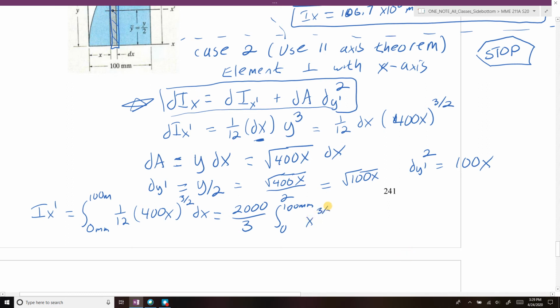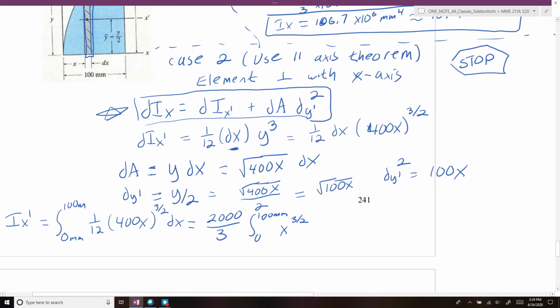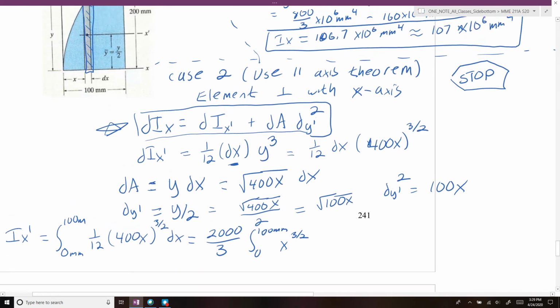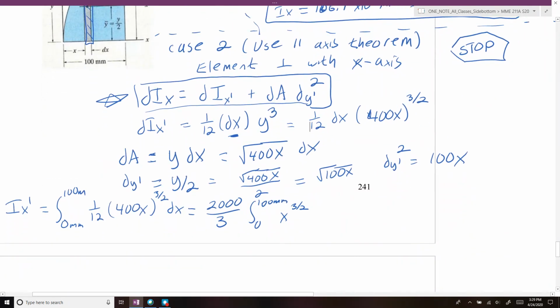of x to the 3/2, which is equal to 2000 over 3 times 2/5 times x to the 5/2 from 0 millimeters to 100 millimeters.